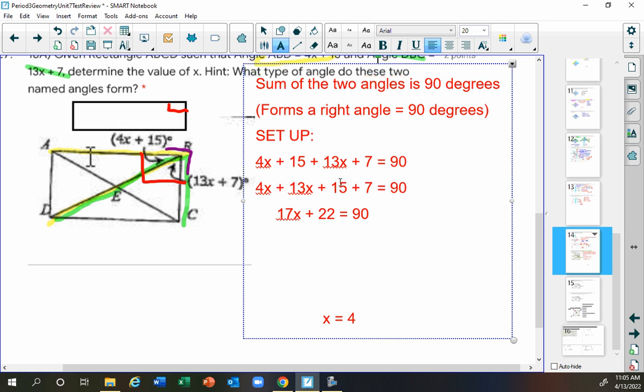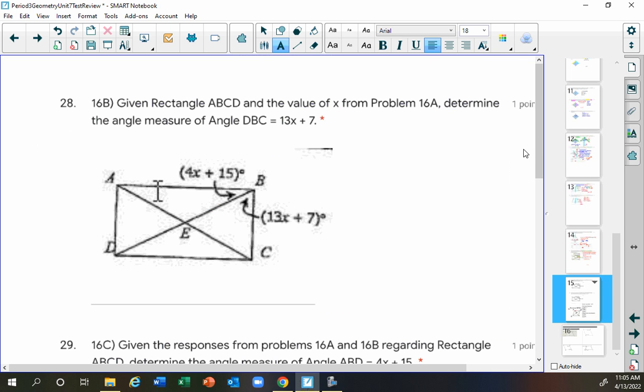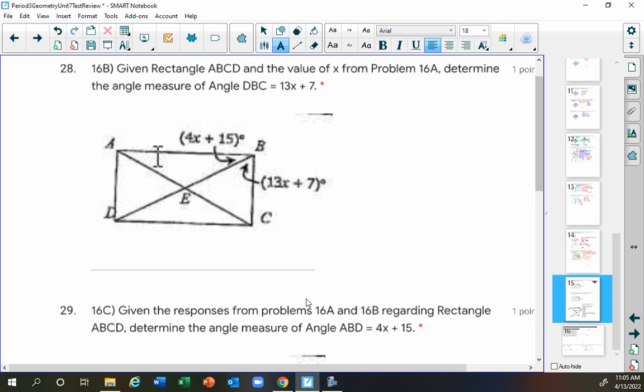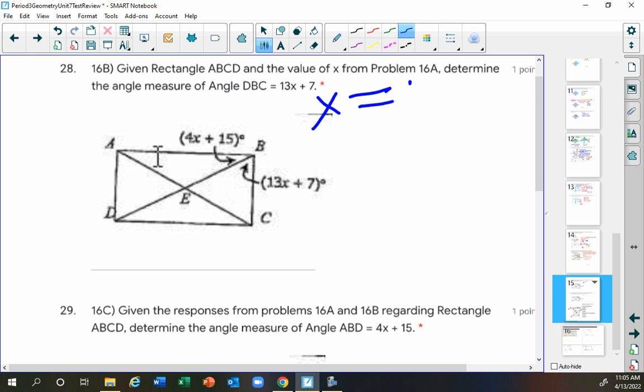So again, this part right here, same side. Don't change those signs, just combine. All right, we're going to take the x equals 4. Found out x equals 4. So then just plug it in.